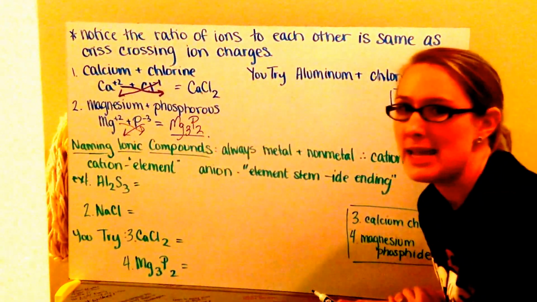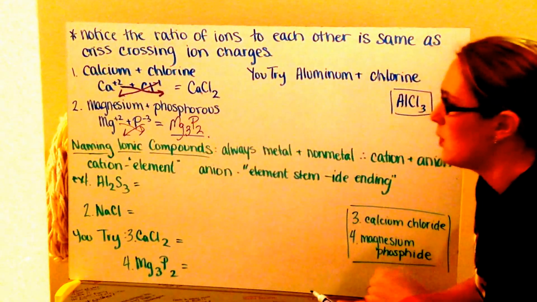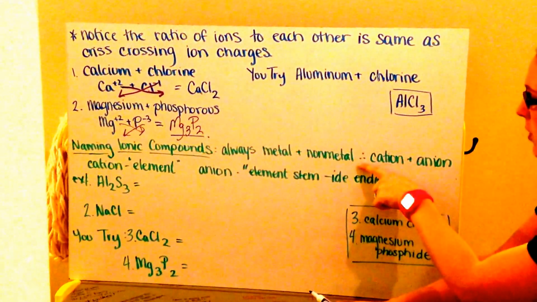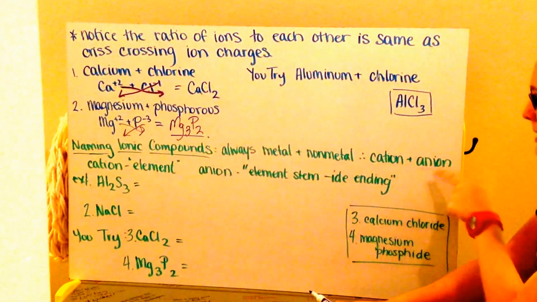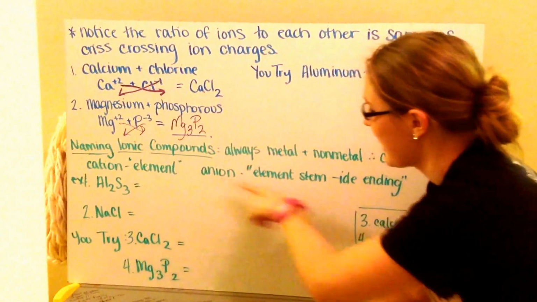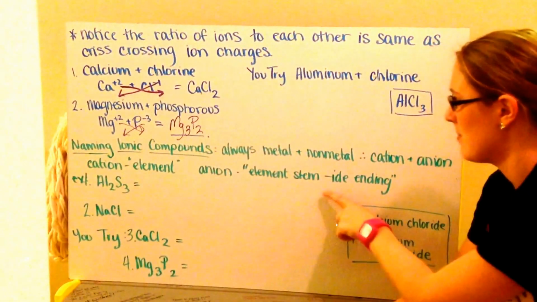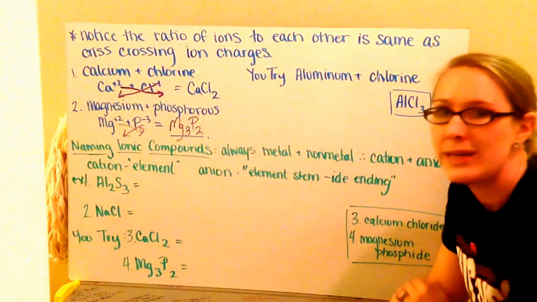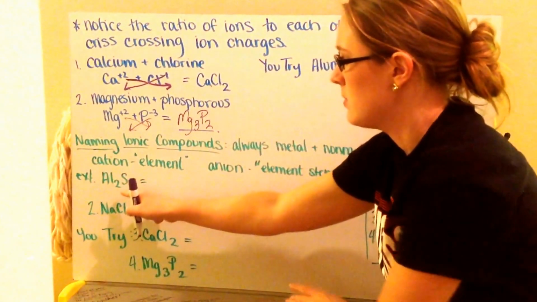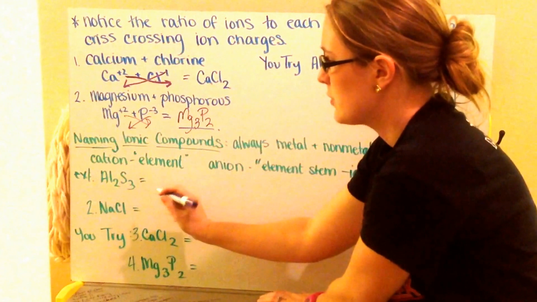Now, what about naming our ionic compounds? Well, they're always a metal plus a nonmetal, so therefore, it's a cation plus an anion. How do we name cations? It's just my element. Anions are my element stem with an IDE ending, so we name ionic compounds the same way. Here I have aluminum +3, sulfur -2.